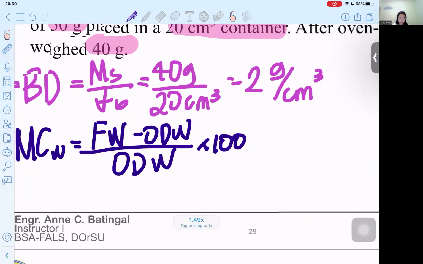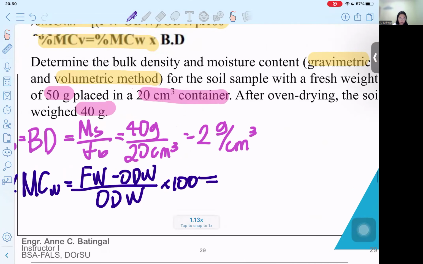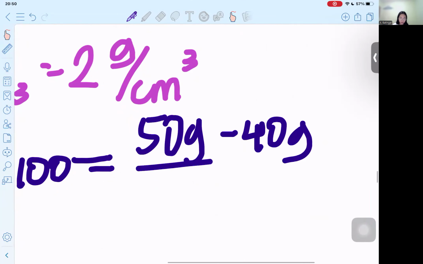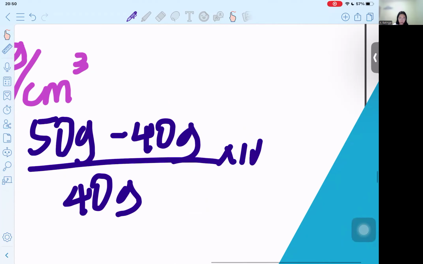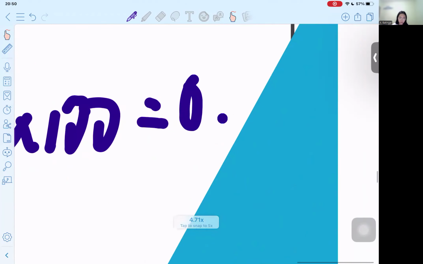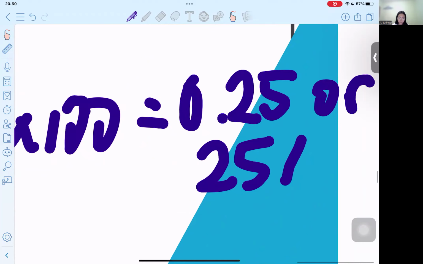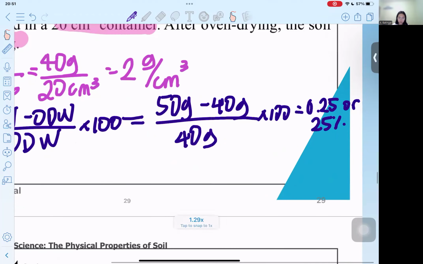Fresh weight is 50 grams and oven dry weight is 40 grams. 50 minus 40 is 10, divided by 40 is 0.25, times 100 is 25%. So 25% moisture content by weight.